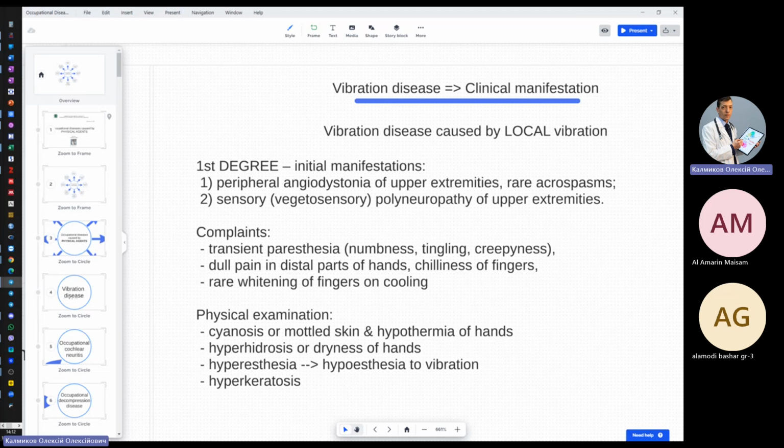And while progressing, it turns to hypesthesia, primarily as a compensatory mechanism, and then it becomes more constant, permanent, and pathologic.